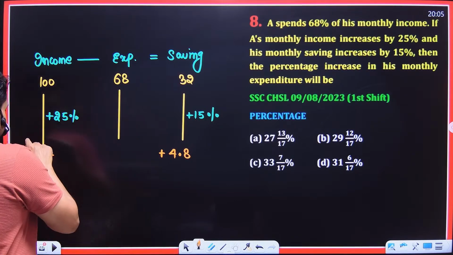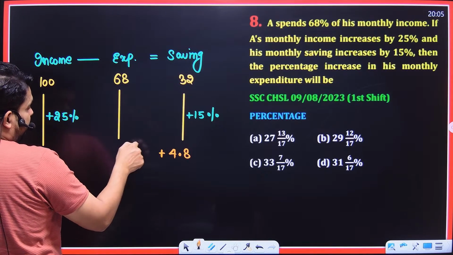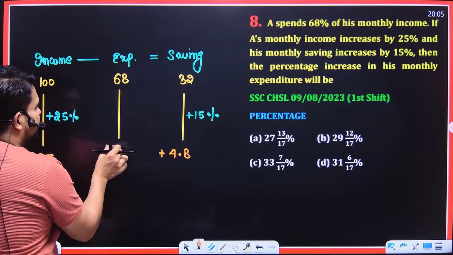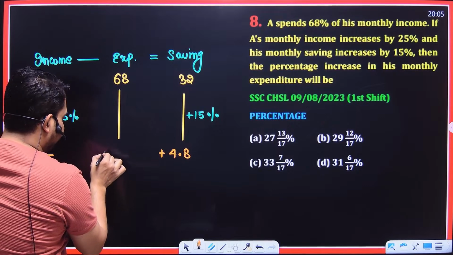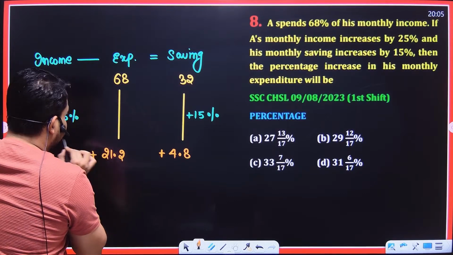So increase in income minus increase in expenditure is equal to increase in saving. So I will write the increment in expenditure. You subtract them, then it will be equal to 21.2. 21.2 will be the increment in expenditure.